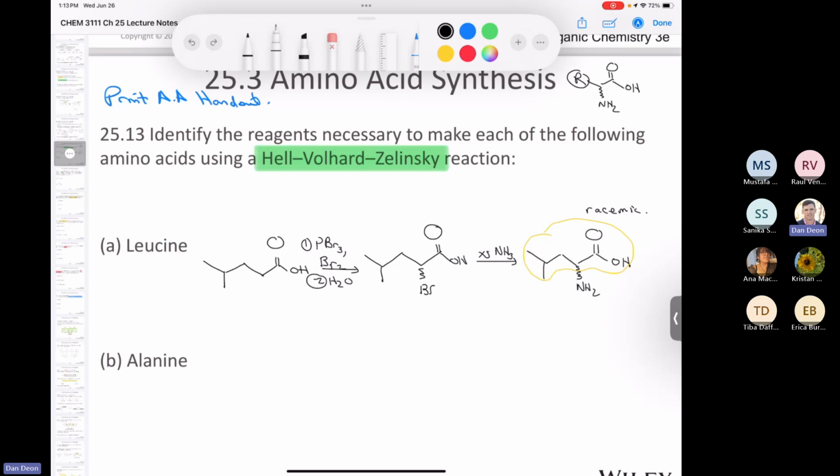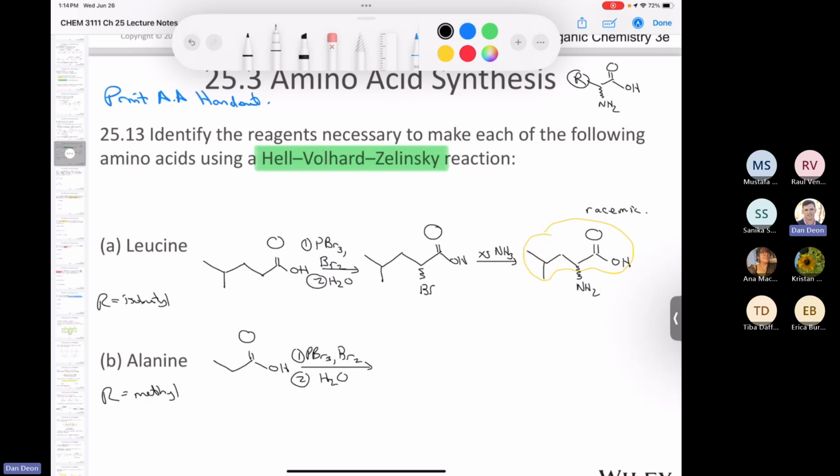So let's say we wanted to make alanine. Well, alanine's R group, R just equals a methyl group. Okay, the R here was an isobutyl group. And so what are we going to need for our carboxylic acid this time? We just need the 3 carbons of propanoic acid. Then we're going to install the alpha bromine, so phosphorus tribromide and bromine, followed by water.